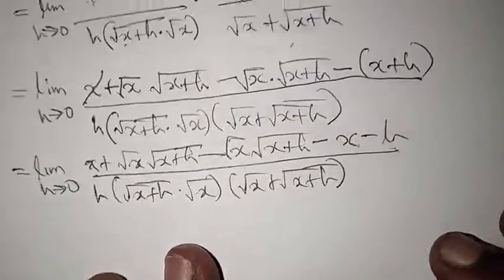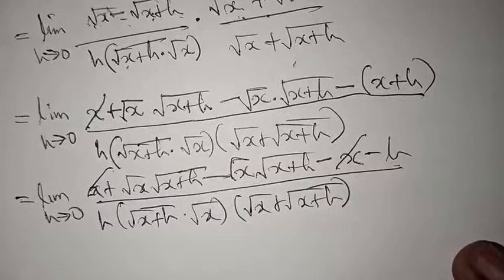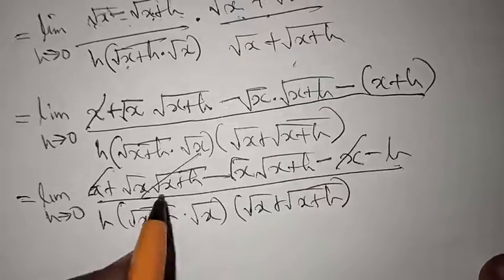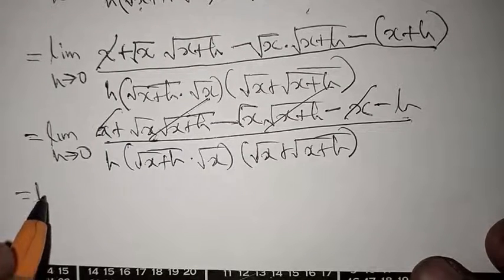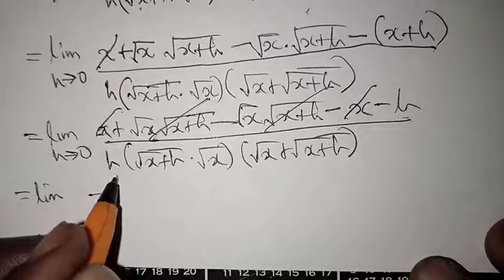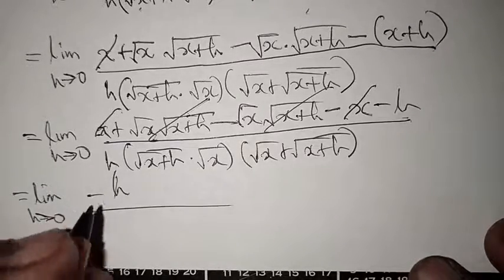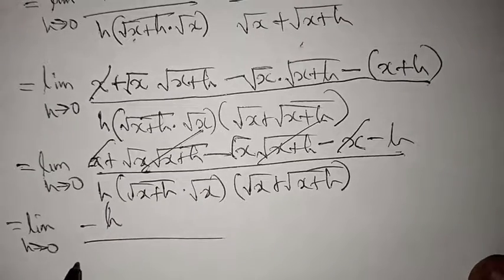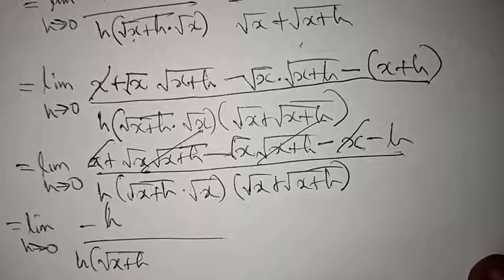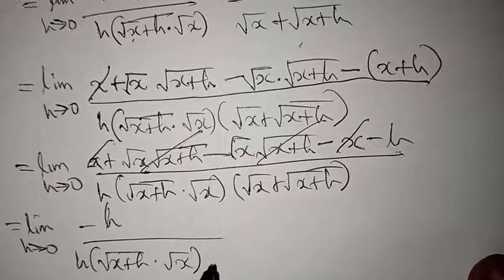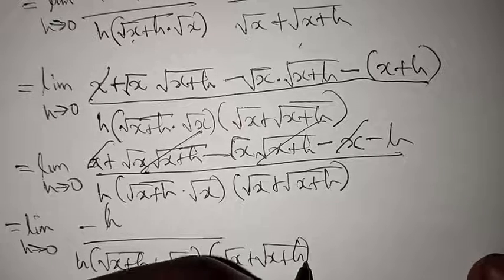So after that, what we're simply going to get is this and that will be cancelled. Even this part and this part will be cancelled. So we are going to only remain with the limit as h approaches 0 of negative h over what we have down there, which is h open brackets square root of x plus h multiplied by square root of x multiplied by the square root of x plus square root of x plus h, like this.